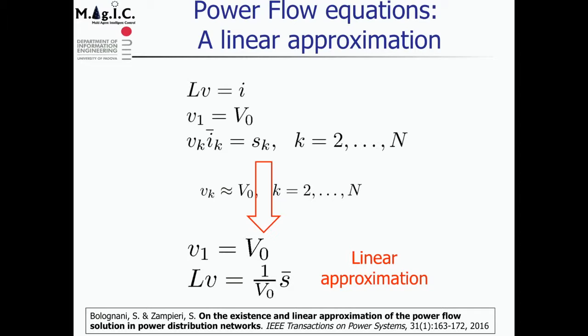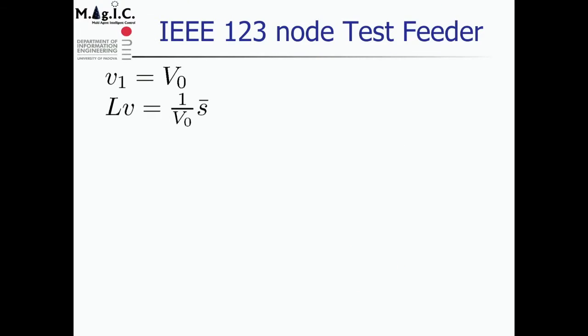Of course, this is an approximation, and that will generate an error. But now, if I do so, I can compute explicitly the current, which is a linear relation with the flow, and I plug it back in here, and then I get a linear expression between the power flow and the loads, the active and reactive power at the loads, and the voltage. So this is now my system, which is linear.